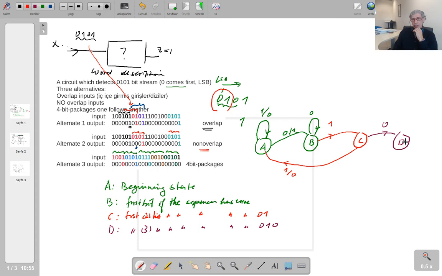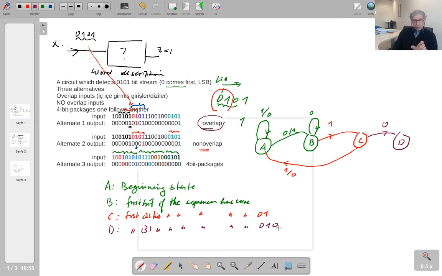So let's examine D now. I change the color once again. When 1 comes while you are in D, that means you detect your sequence, isn't it? So the output is going to be 1, definitely, when 1 comes. We are examining this overlap case.